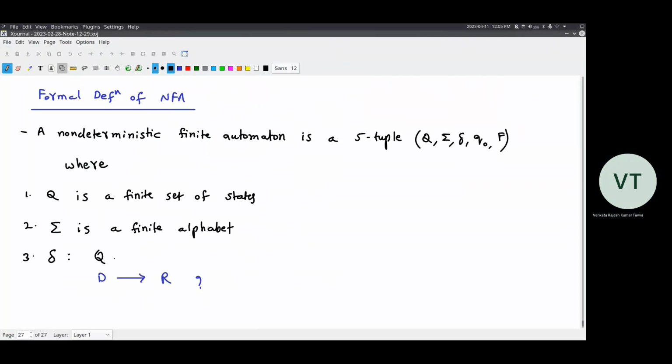So Q cross sigma union epsilon. So that we write like this. Sigma subscript epsilon means sigma union epsilon. What is the range? Power set of the set of states. Is it right? Or any other answers?